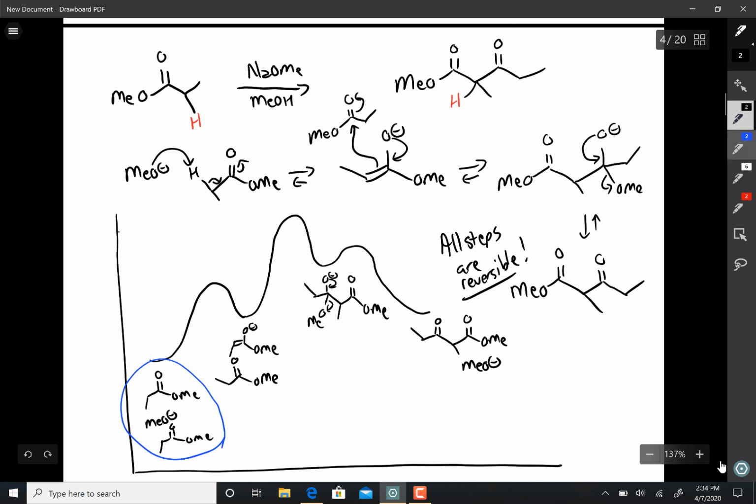But when this O- is kicked off, unlike before, now there's a hydrogen in place. And this hydrogen is acidic, and so the base can take that hydrogen off.